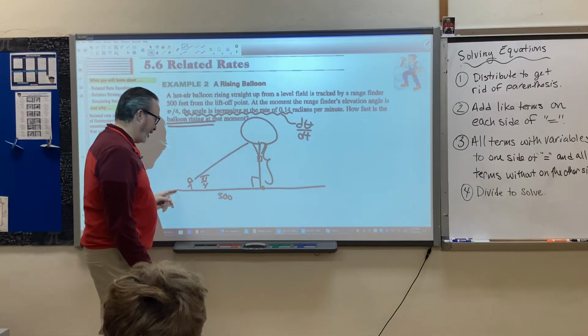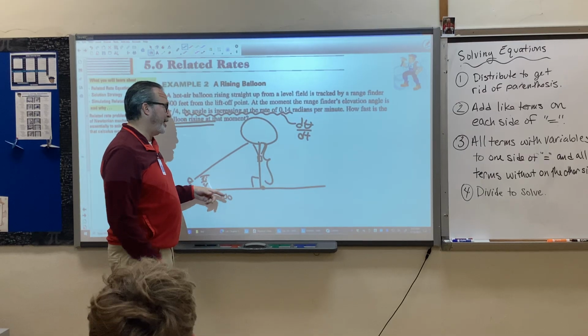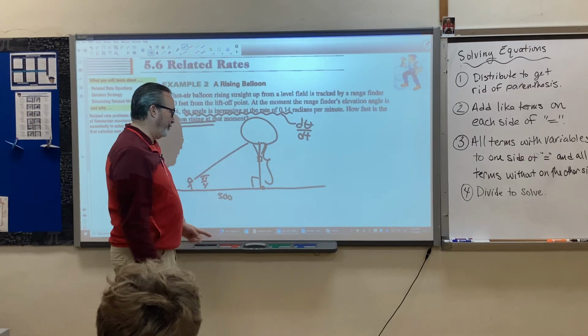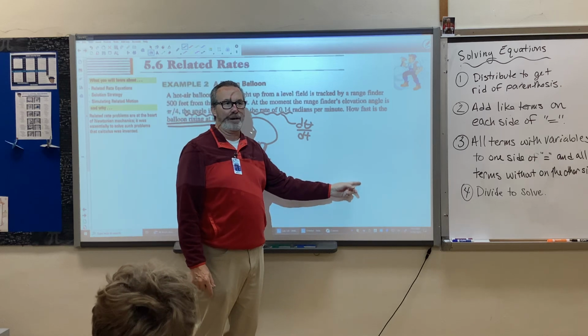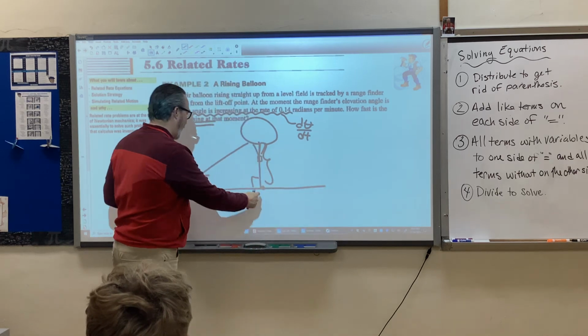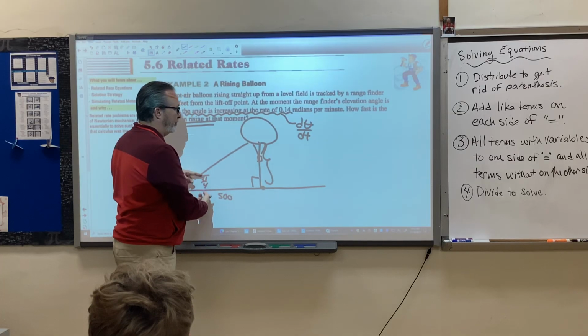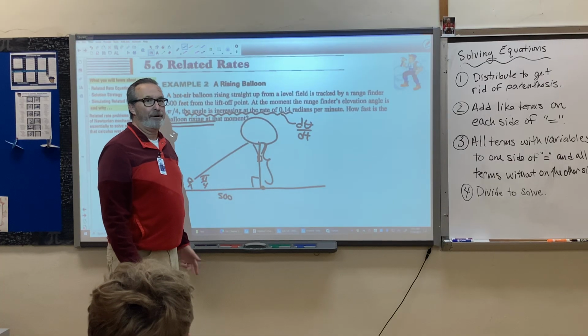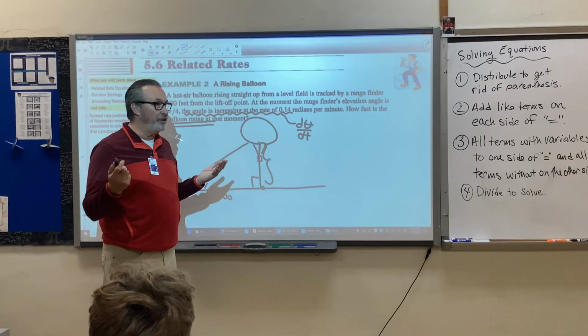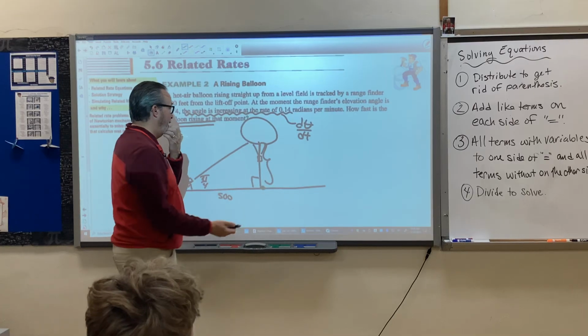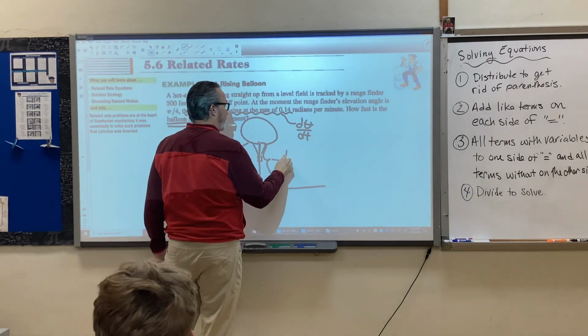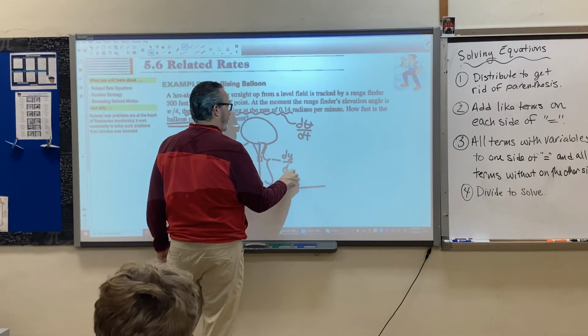Actually, when I look at this, I probably made this backwards. I would have put 500 here so it's in the positive direction, made this X and this Y, and then this angle. I would call it Y. But H is a good choice. It's not so bad. But we're looking for dy/dt.